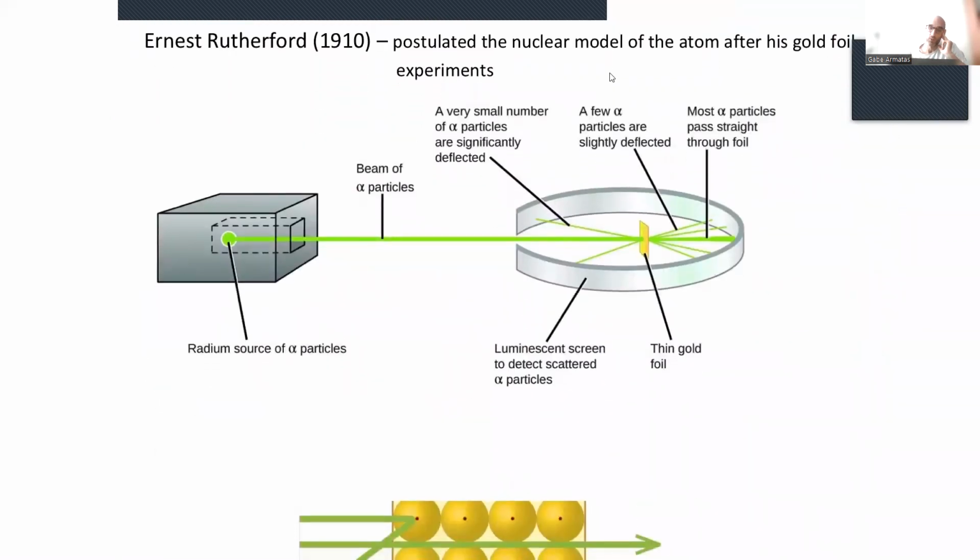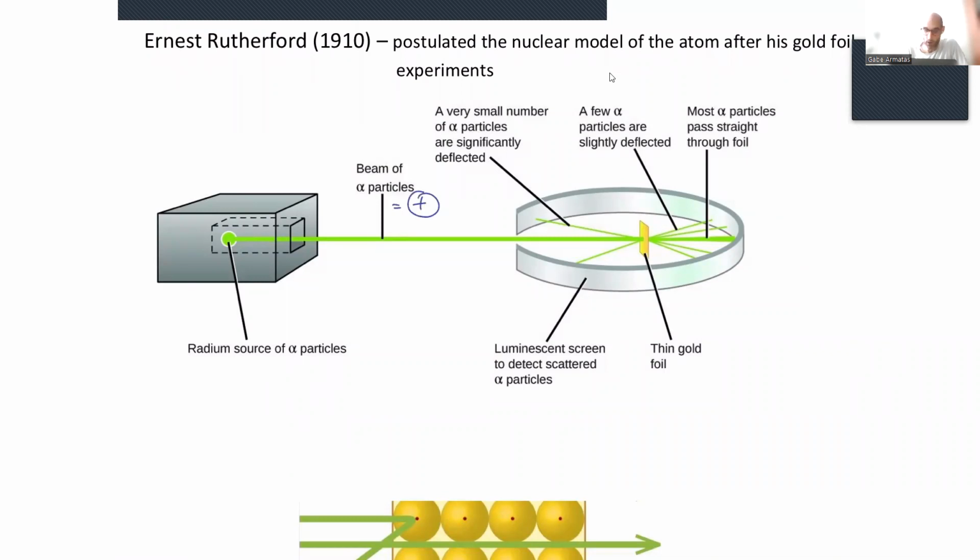And that's where the Rutherford experiment came in. Basically, he took a bunch of alpha particles. You don't need to know anything about alpha particles, but these are simply positive charges.